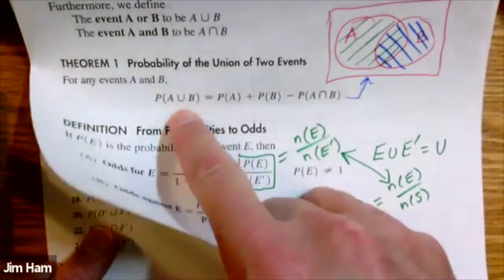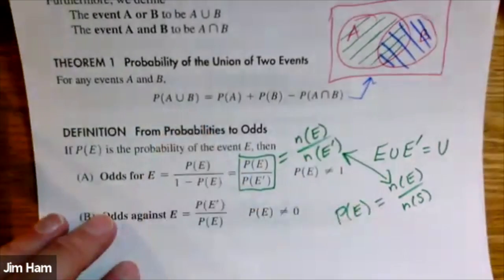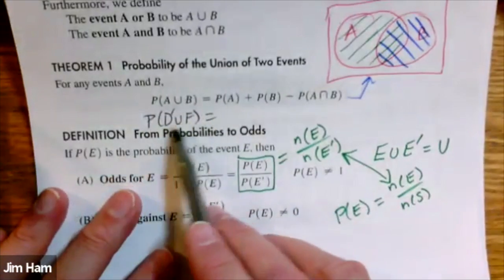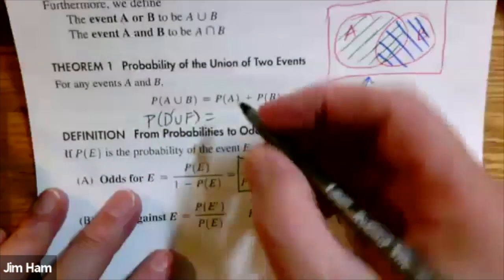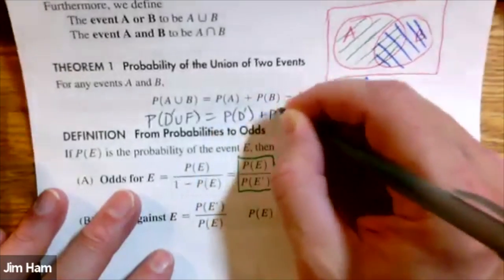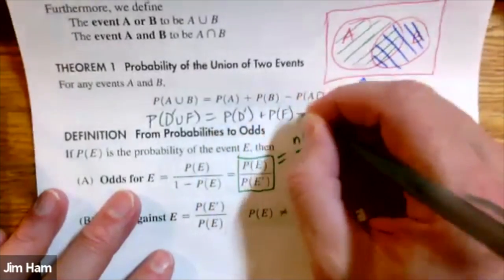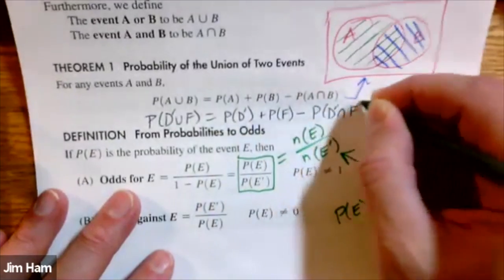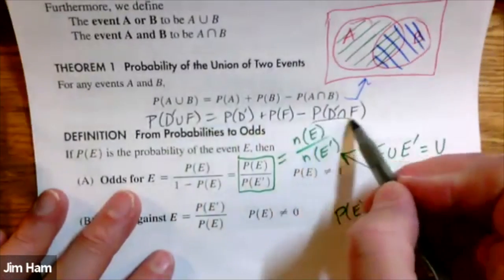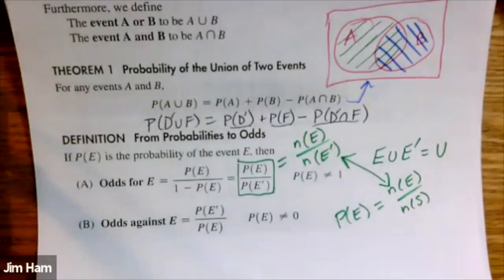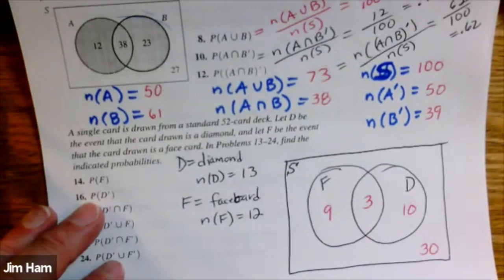If you wanted to, number 20 says D complement union F. So what this formula says is that if you wanted to calculate this, what you could do is take the probability of D complement and add that to the probability of F, and then subtract out the probability of D complement intersect F. Now, if it would be easy to find these numbers, in some problems they might even be given to you, then by all means use the formula. I don't think the formula is going to be that useful for this one.